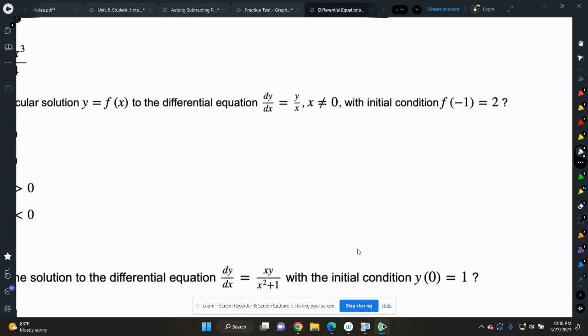So in other words, get it to be y. And if we look at this, it's dy dx. So what's the first thing we do before we can actually make that a y? Separate the variables, the x's and the y's, all right? So looking at this, I want the y on the left and I want the dx on the right. So it's going to be 1 over y dy.